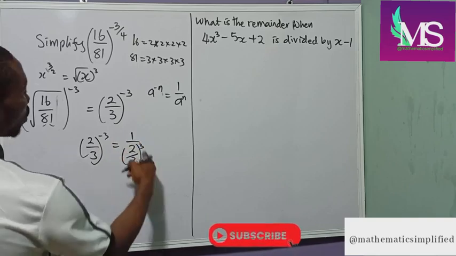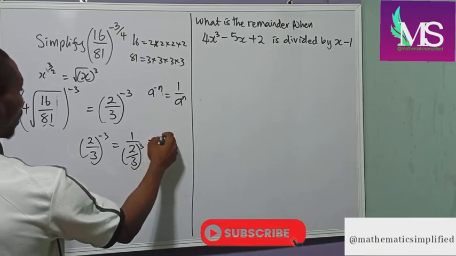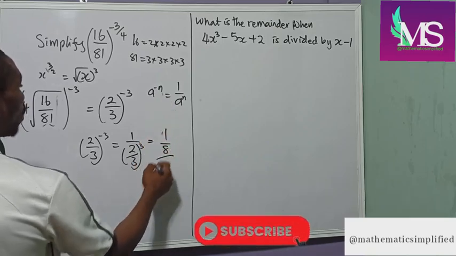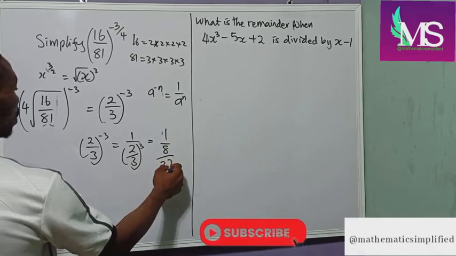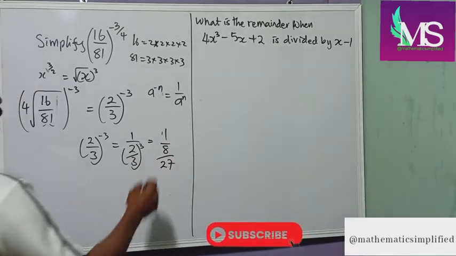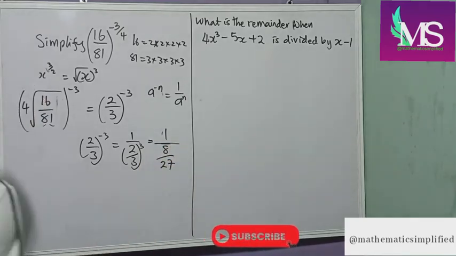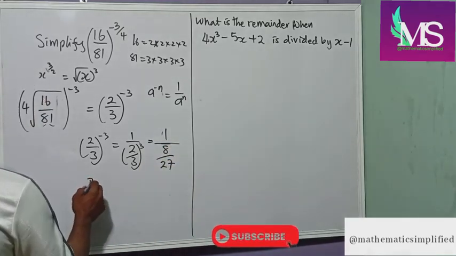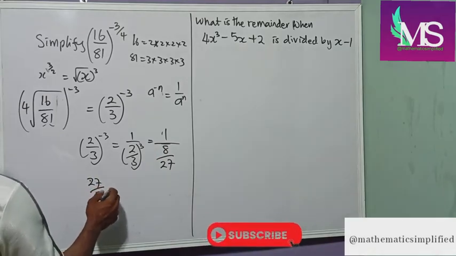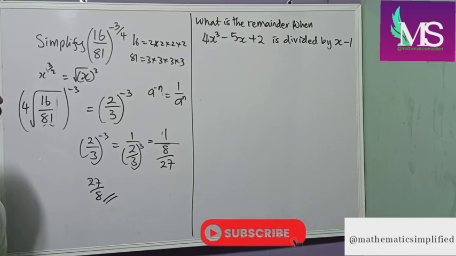Now 2 raised to the power 3 is 2 times 2, 4, 4 times 2, 8. That gives us 1 over 8 all over 27. Now, if we do the inverse of our denominator, that becomes 27 over 8.